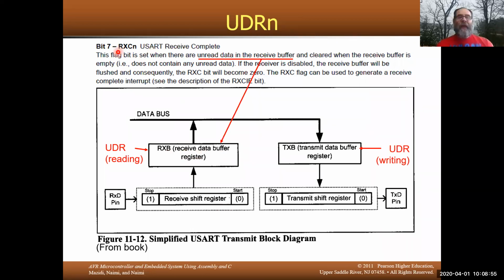And this particular flag, RXC0, I believe it's in UART Control Status Register A; we'll look at that on the data sheet in a minute. It says there is data in the receive buffer that you have not read. So it is important that before another character is received, you read what's in here.